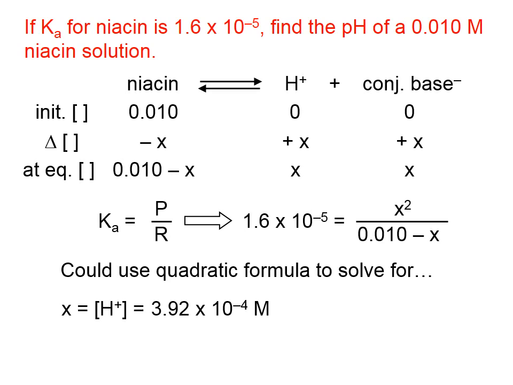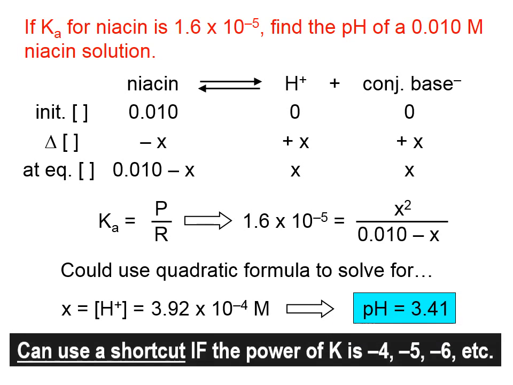If you use the quadratic formula to solve this quadratic equation, one of the values for x, the valid one, would turn out to be 3.92 times 10 to the negative 4th molar. And from that we can find the pH to be 3.41, which sounds about right because this is an acid and so the pH is less than 7, so this makes sense.